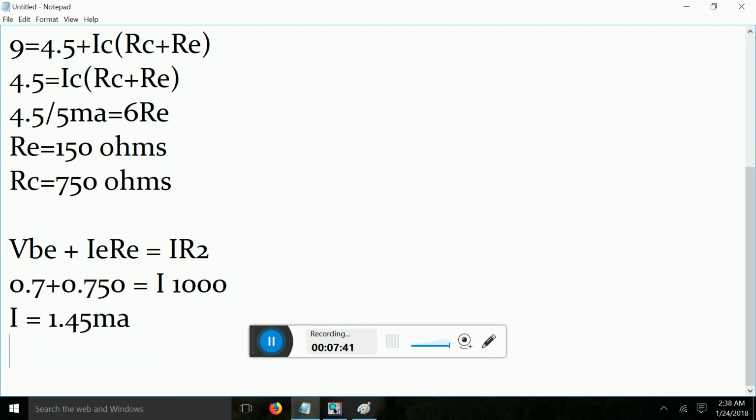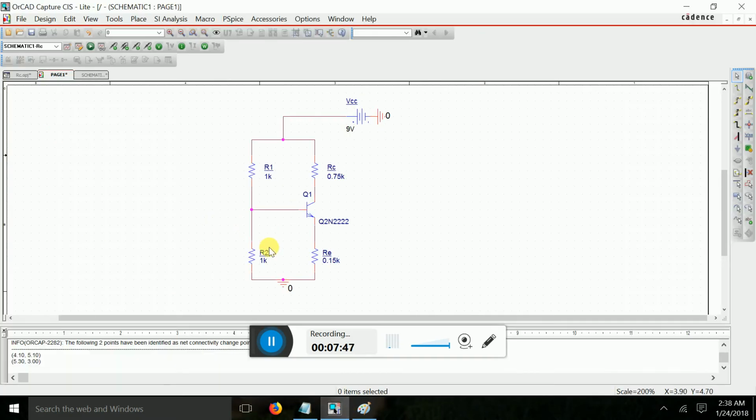Now you have found this value, which is I. Now if we assume that IB is very small, it is actually very small, then the current flowing here is equal to here. Here the potential is 9, and here the potential is 1.45.